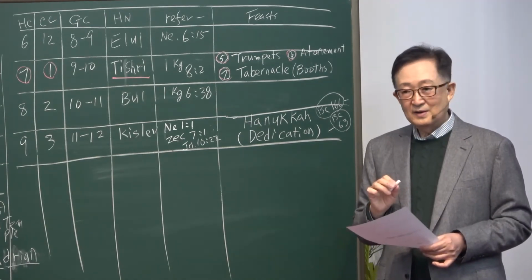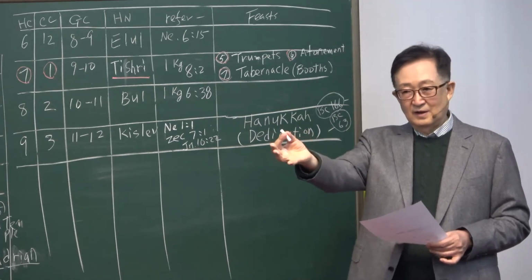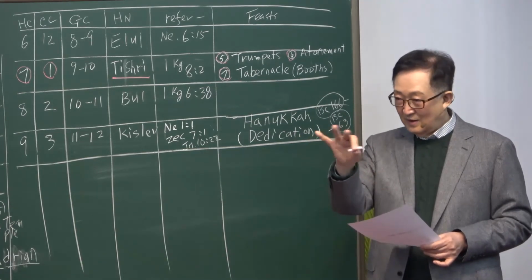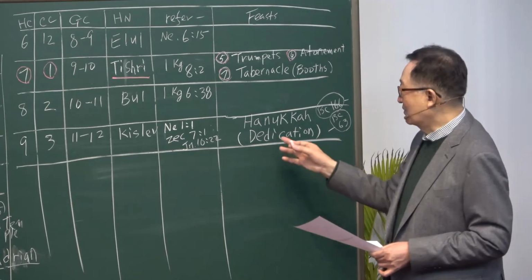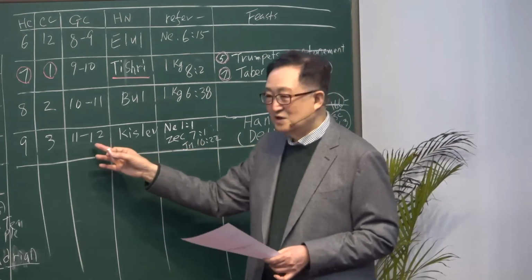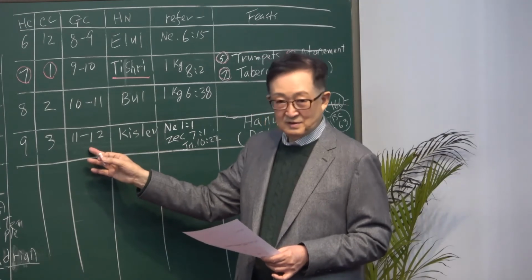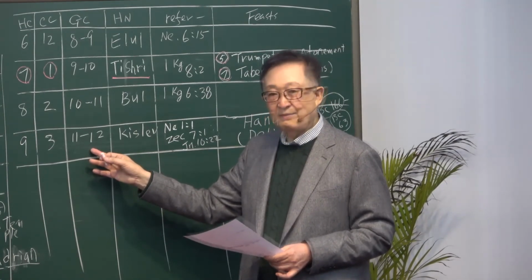Are you with me? We call it Hanukkah because our brother from Iraq, you see many Jewish people there observing Hanukkah. Okay, Hanukkah is near Christmas time. You see here in our calendar, end of November, early December.